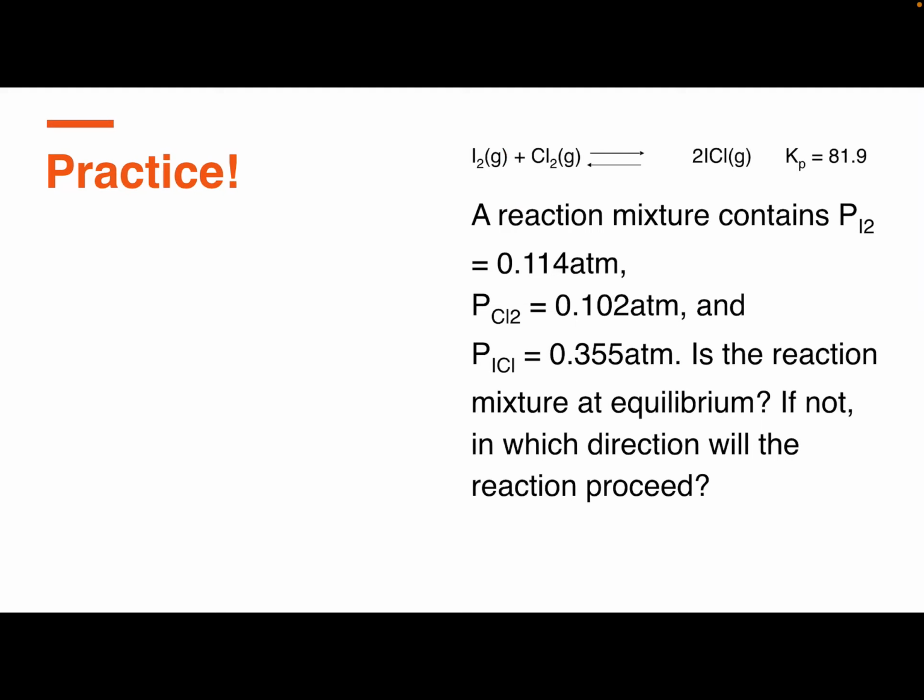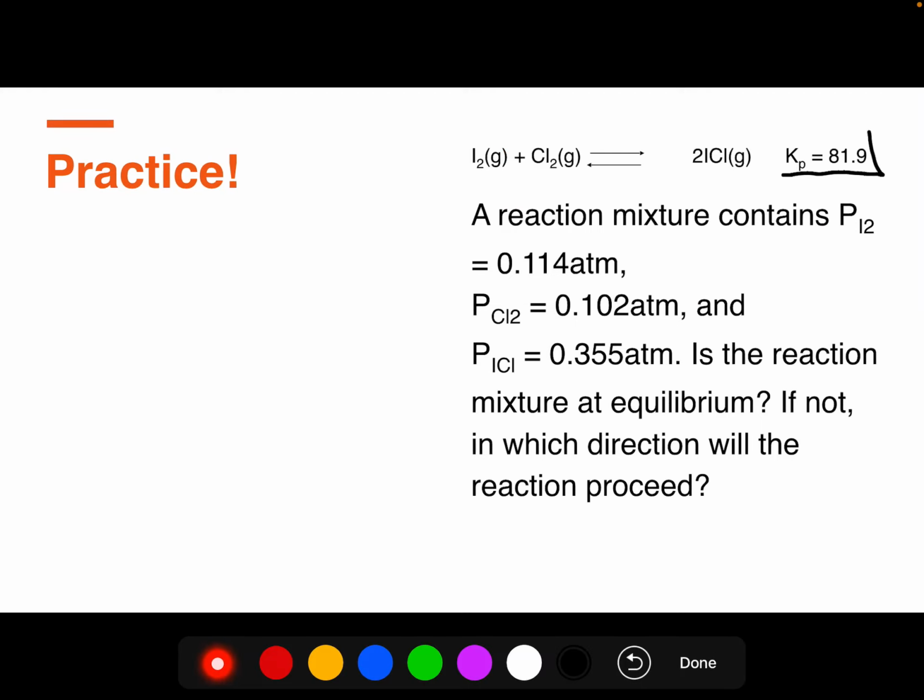So let's try a problem here. We have Kp, so this is the ratio at equilibrium, and then it gives us the partial pressures at a certain point in time. It wants to know, are we at equilibrium, and if not, which direction are we going to go? So let's set this up. The product is the ICl, so we got 0.355 squared over, and remember this is in atmospheres, but that doesn't matter.